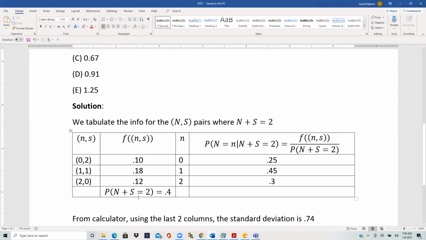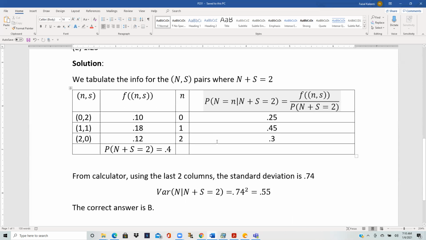We already have everything. We have the denominator. The denominator will always be 0.4, the probability that N plus S is equal to 2. Hence, we end up just dividing the f of n,s column by 0.4 to get these entries. And these are now our probabilities related to the variance that we have to calculate, and we can do it through the calculator.